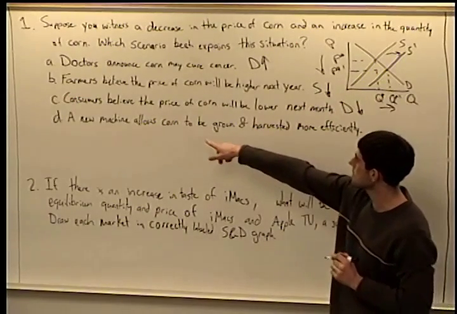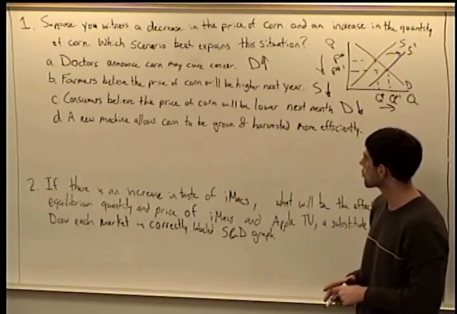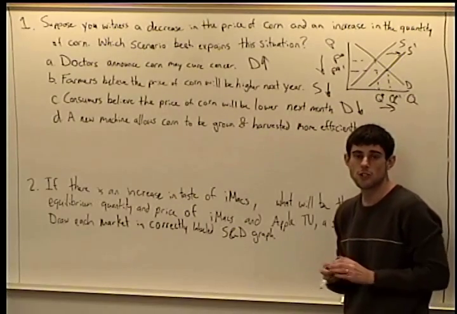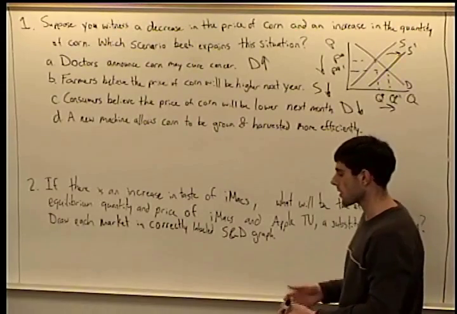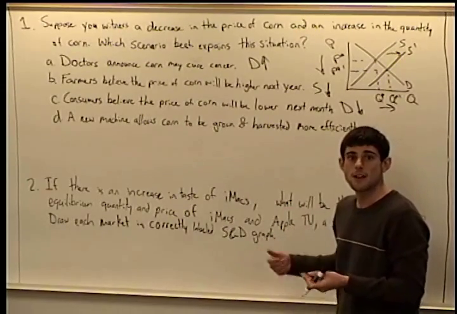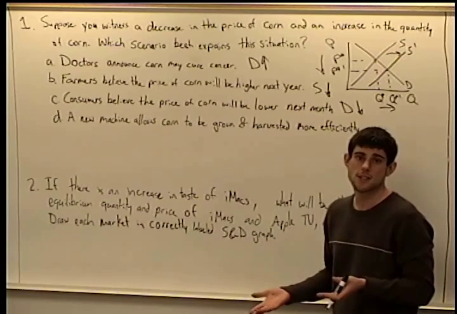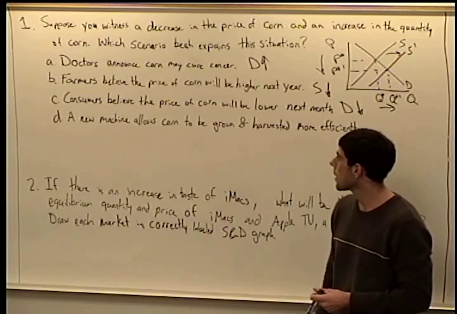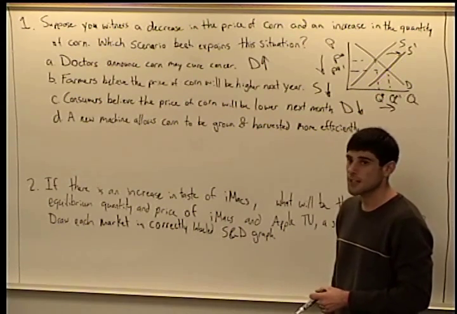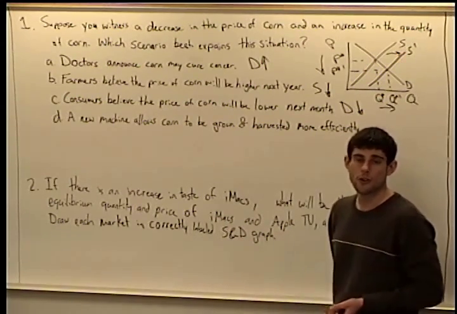And then lastly, D, a new machine allows corn to be grown and harvested more efficiently. Here we have better technology. We have a magical combine that plants the seed, fertilizes it, and harvests it more efficiently. In the same amount of time, corn growers can have more corn than they could before.